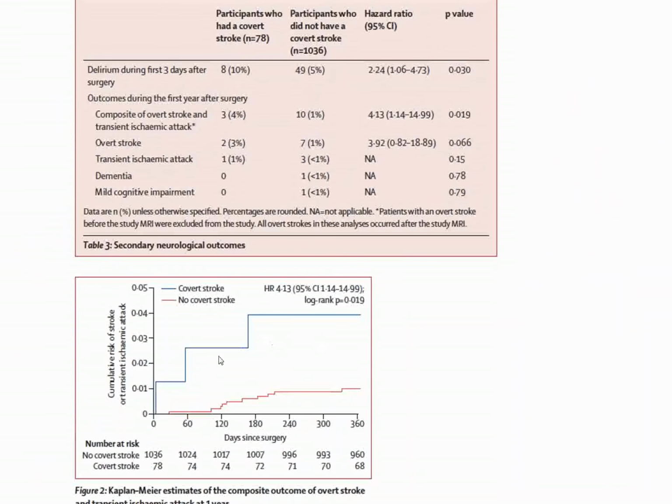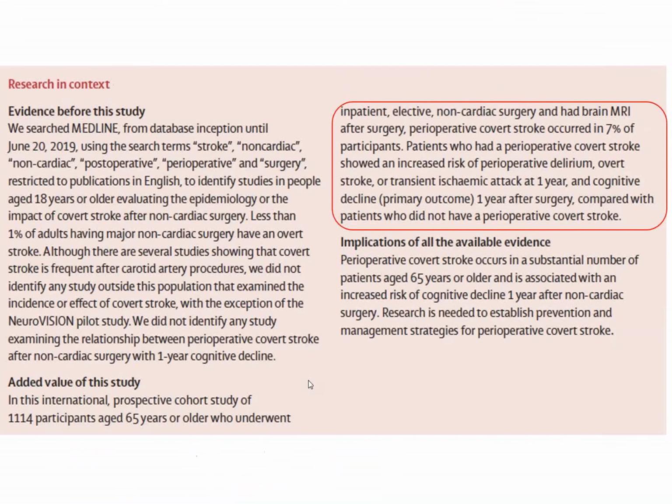And if we look at the people that had a covert stroke compared to the people that didn't, over the next 360 days, although the differences aren't great, they are statistically significant: those that had a covert stroke were more likely to have a transient ischemic attack or a subsequent stroke compared to those patients that didn't have this.